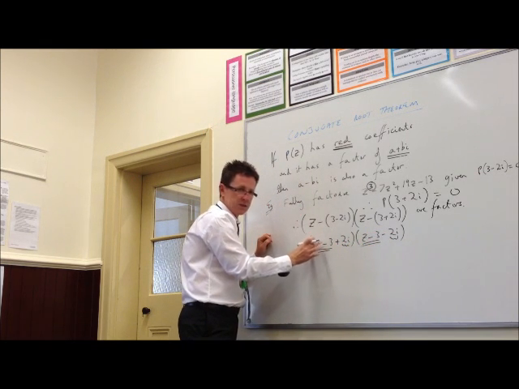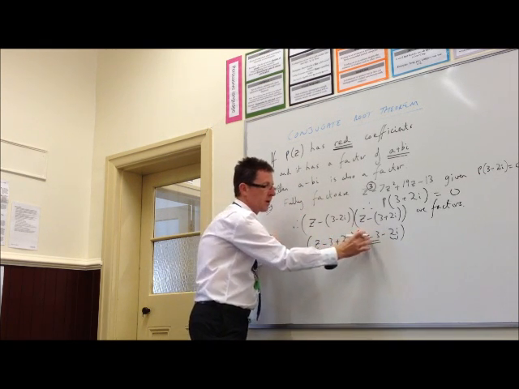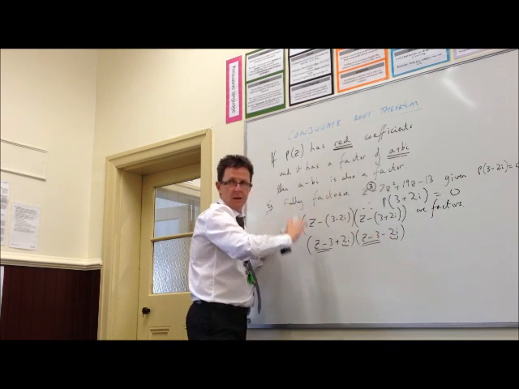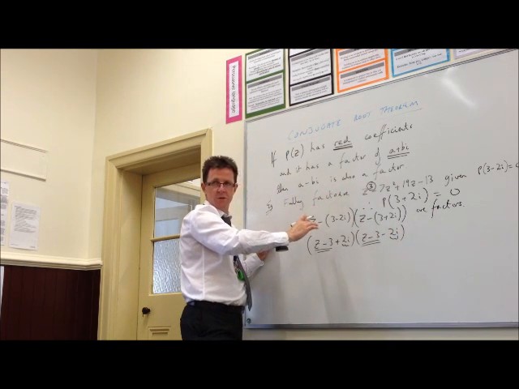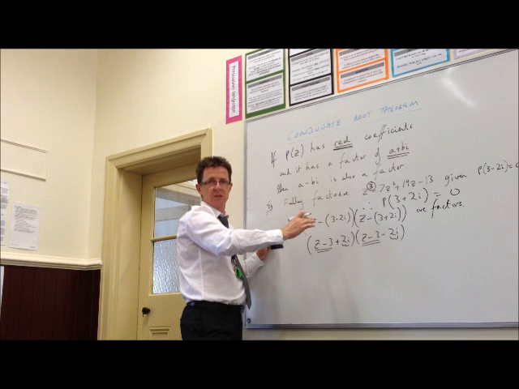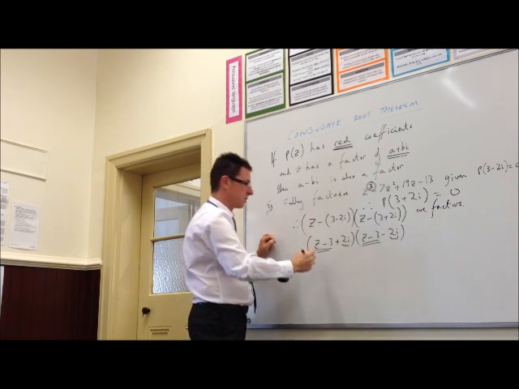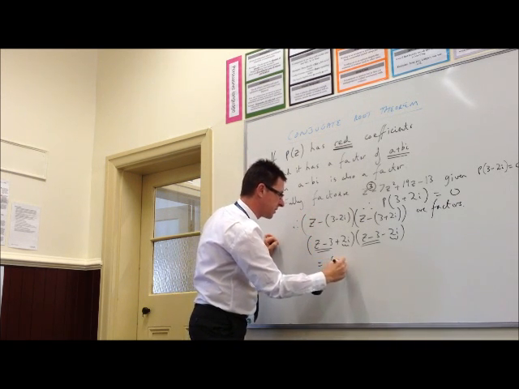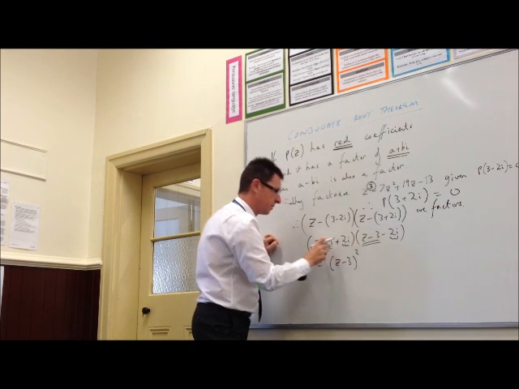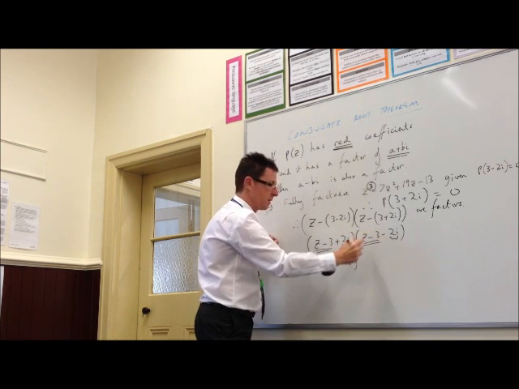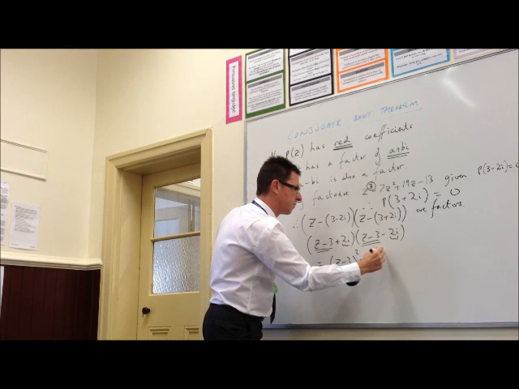So basically, it's an a plus b, a minus b. Every time we do this, it'll be like that. It's the difference of two squares. So that's the same as z minus 3 squared, and there's your a minus b.